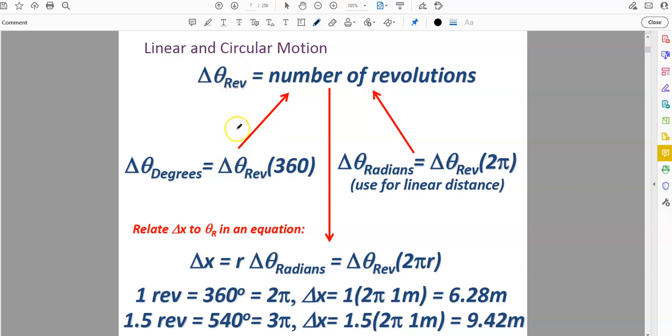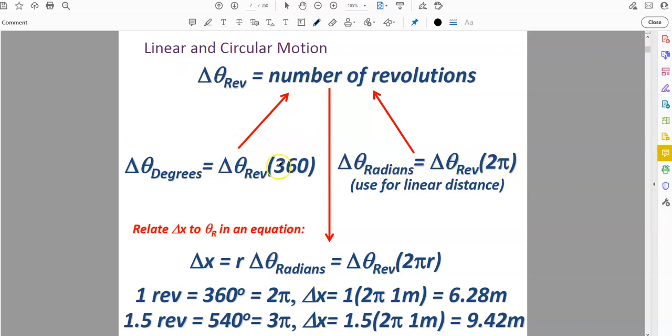As long as you keep it simple, you don't have to memorize too many formulas, because the number of revolutions times 2 pi r is how far something would have rolled in the x direction or in the y direction, or what its tangential displacement would have been as well, right? And then if they need the answer in terms of radians, you could just take the number of revolutions multiplied by 2 pi, and that's the number of radians it is.